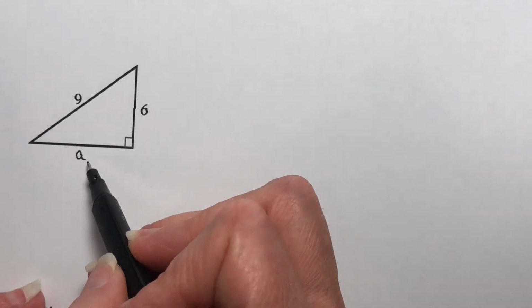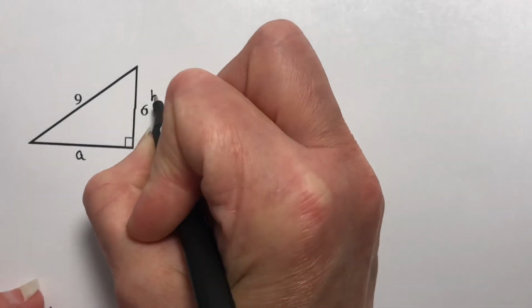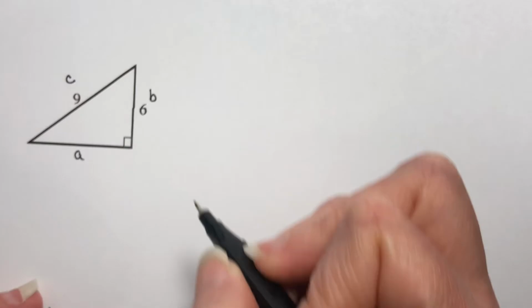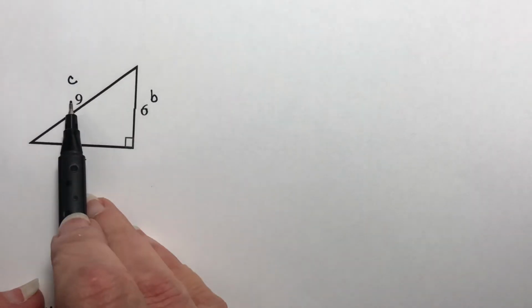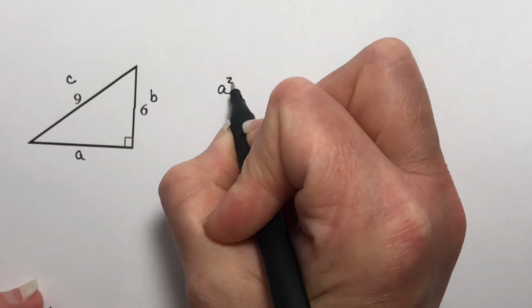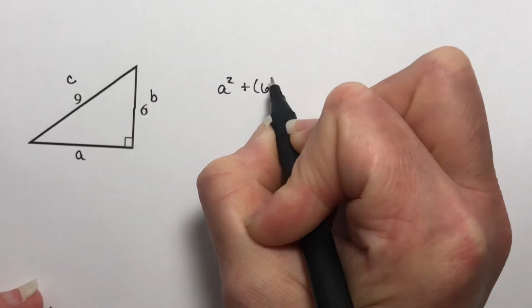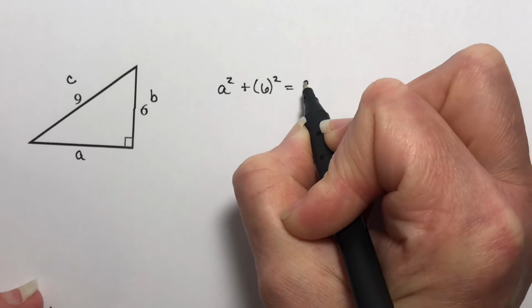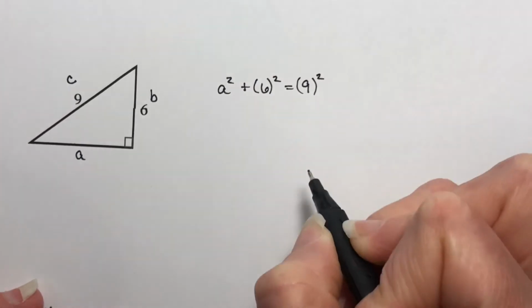So I have A missing here. And this will be B, and this is our hypotenuse C. So I don't know what this number is, but it cannot be larger than 9. Okay? So I have A squared plus 6 squared is equal to 9 squared.